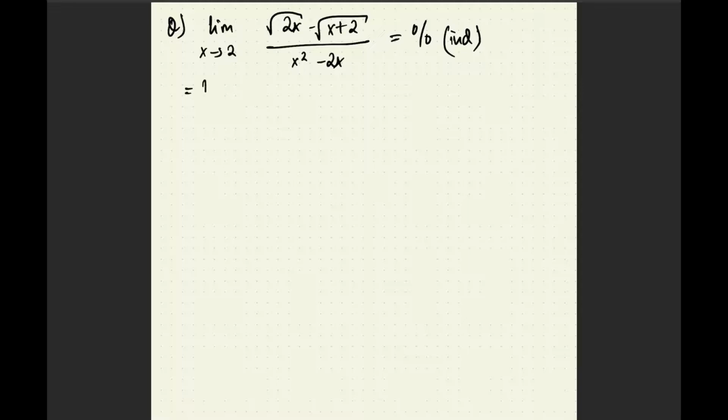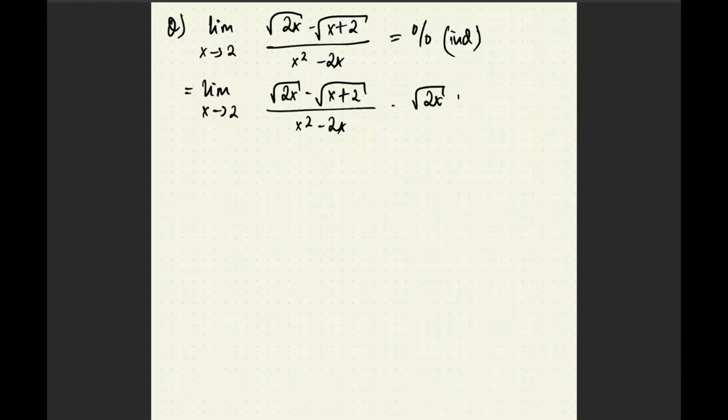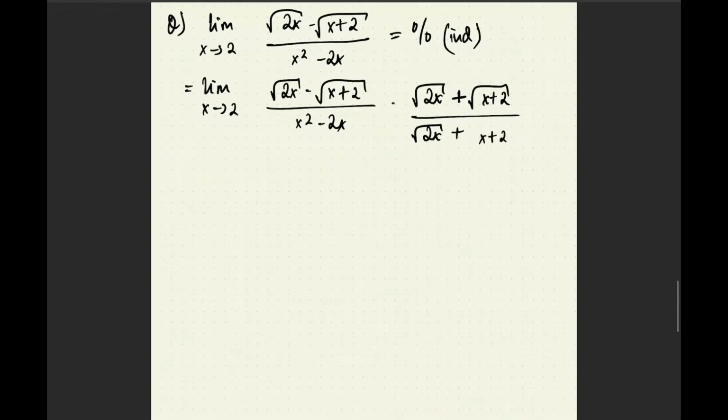So the next thing over here is to multiply both the numerator and the denominator by the conjugate. The conjugate is the same two terms, but the sign has to be flipped. We're flipping the signs from minus to plus.